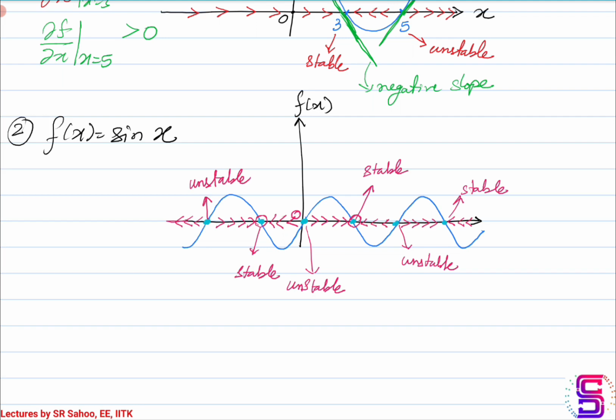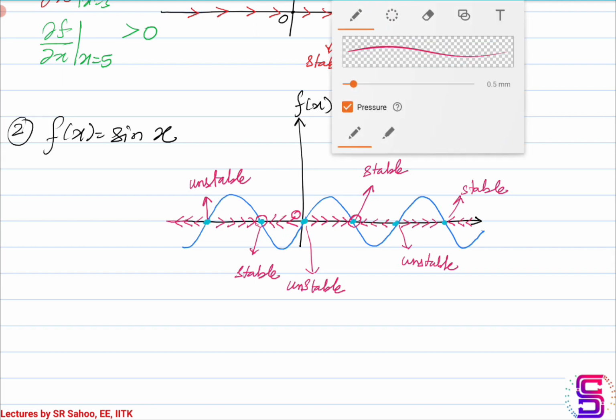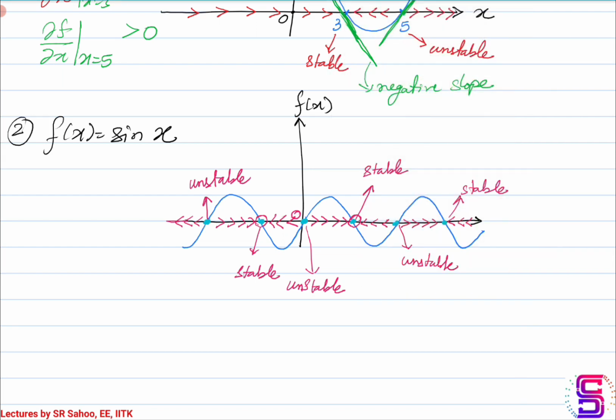Okay. Now notice the slopes, basically del f by del x, corresponding to each equilibrium point which you have classified as stable or unstable. You can notice that the slope, for example, at the origin here is positive, but the slope about the next equilibrium point to the right of the origin, which is this one, is negative, and so on.